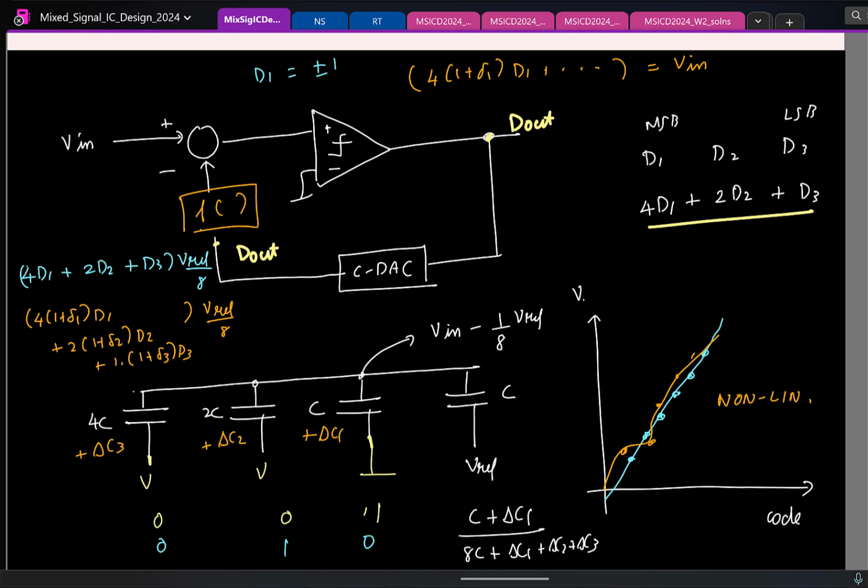You are taking the 3 bits and doing this blue portion at the output normally. But the negative feedback loop is trying to equate f of D out to be equal to Vin. So if I just take D out, that will be f inverse of Vin. So you will have nonlinearity. So if you want to get rid of the nonlinearity, what should I do to the D out?